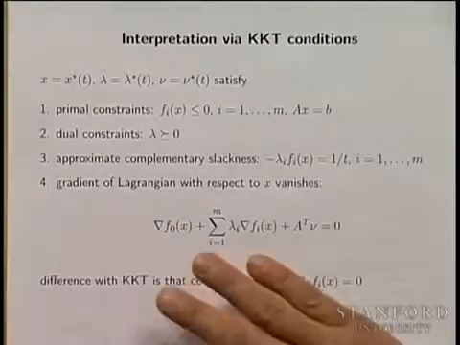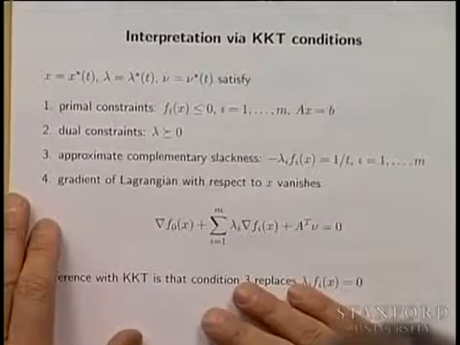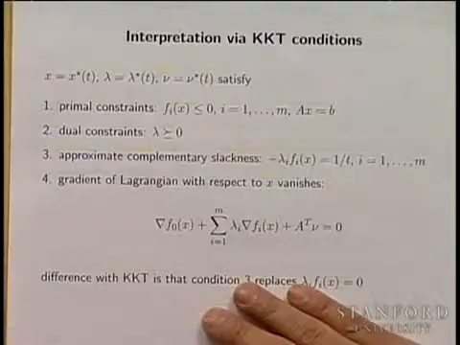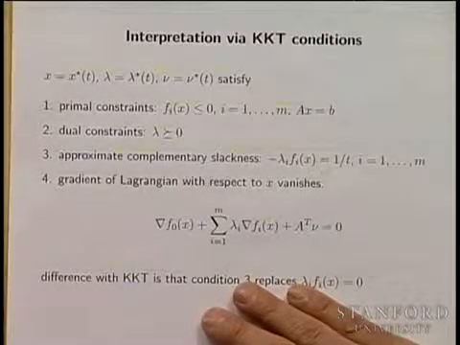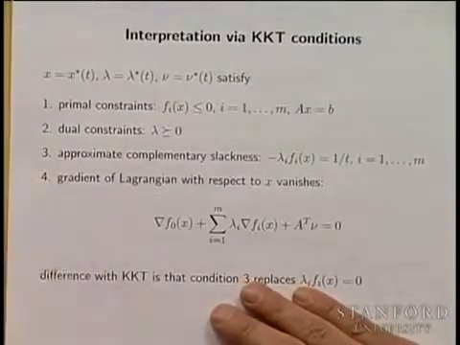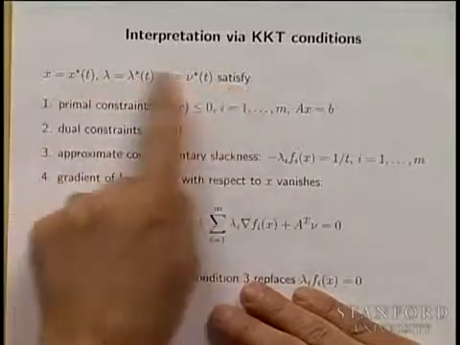Okay, so let's look again at what it means to be central. I should say that if you solve this problem, you would refer to a point like that as central, or on the central path, or centered. These are the names you would use for that. Okay, well, here's what these points satisfy.